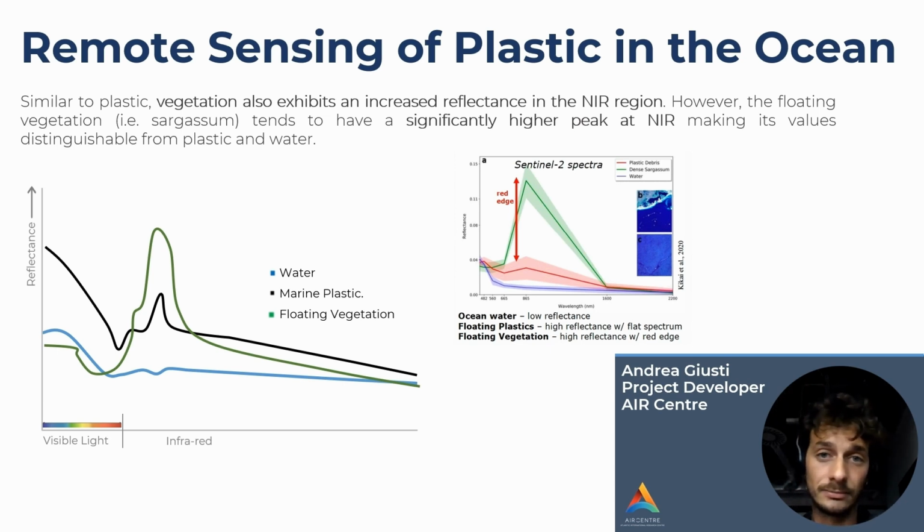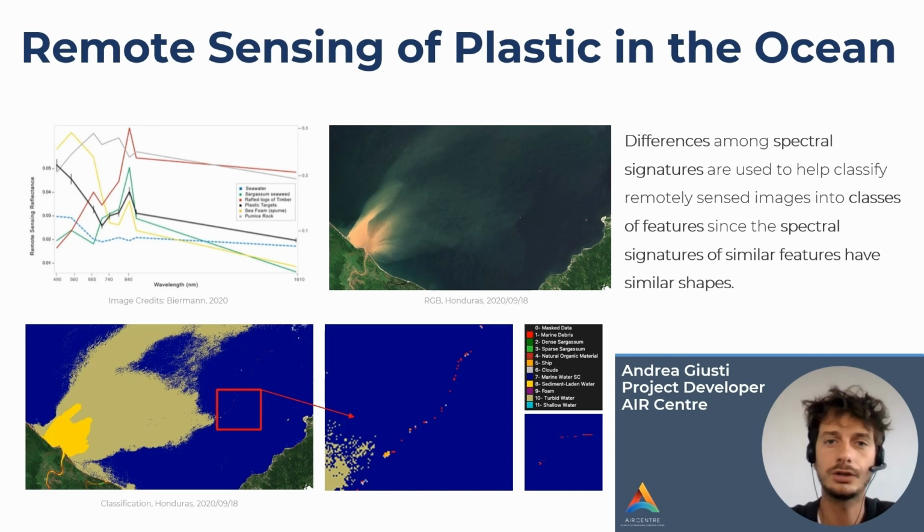Finally, to obtain a classification map as the one we see here, we use these properties by comparing the spectral signature of objects in a satellite image to the spectral profile of materials that we already know. Essentially, we are using the principle that objects with similar spectral signatures are likely to be of the same material or class.